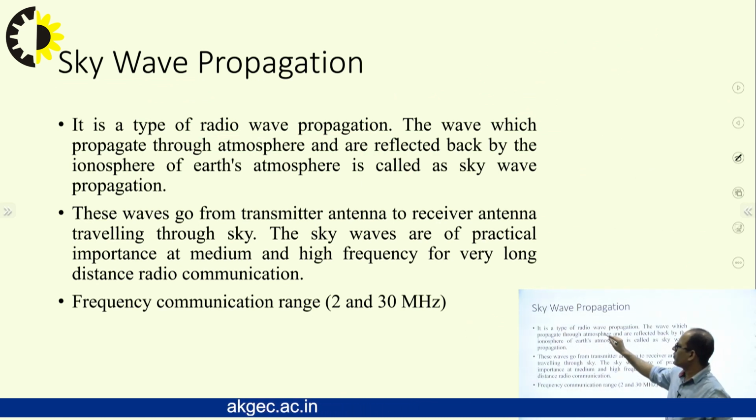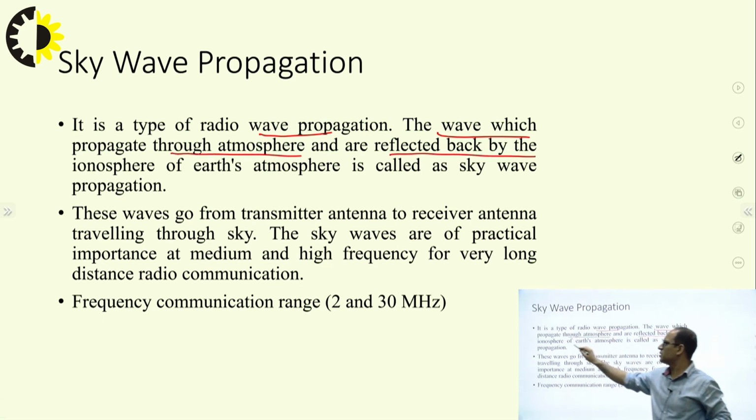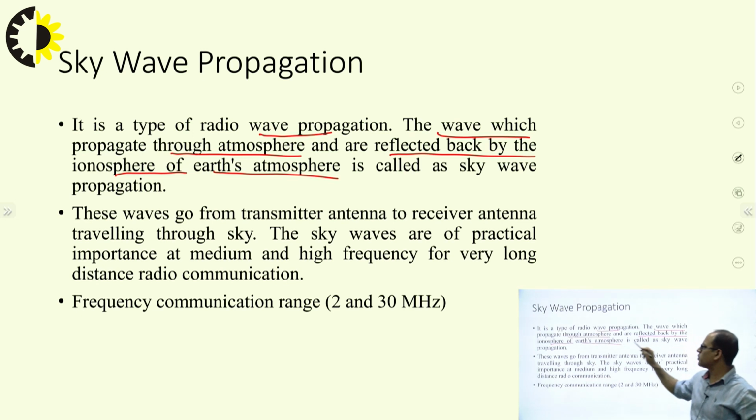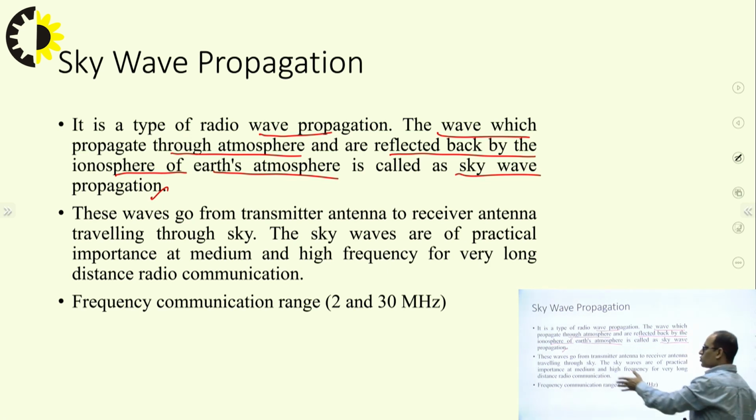It is a type of radio wave propagation in which the wave propagates through the atmosphere and is reflected back by the ionosphere of the earth's atmosphere. Means the wave propagates through the ionosphere and gets reflected back by the ionosphere, which is called sky wave propagation.